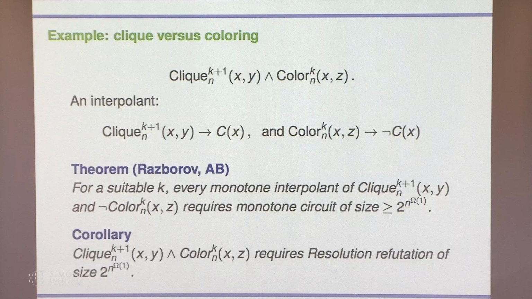And this way, the difference between tree-like proofs and general proofs is similar to the difference between formula lower bounds and circuit lower bounds.